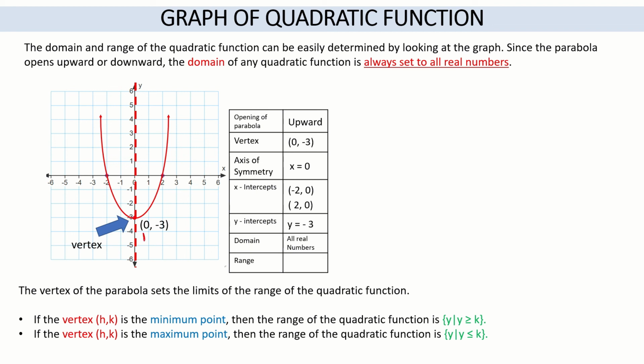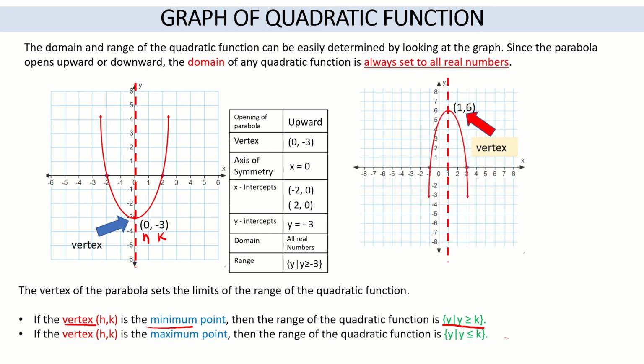The value of our h is 0 and the value of our k is -3. So since our vertex is the minimum point, we simply write y such that y is greater than or equal to k. Our k here is -3. That is why the range is y such that y is greater than or equal to -3.